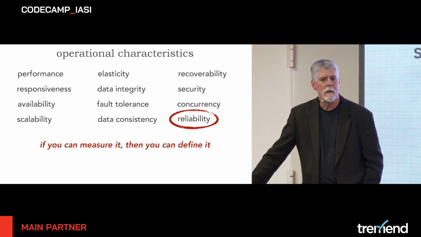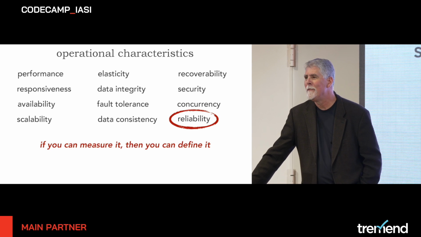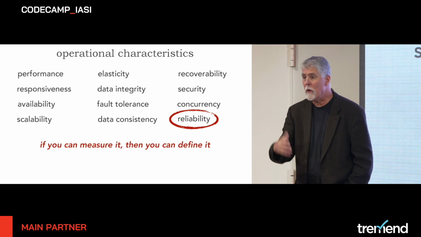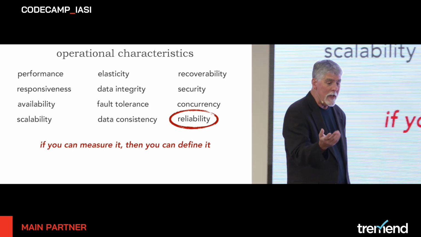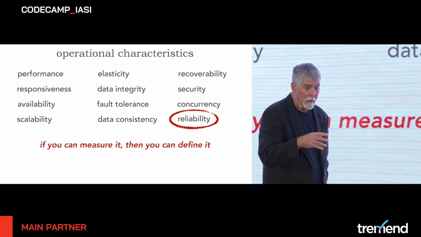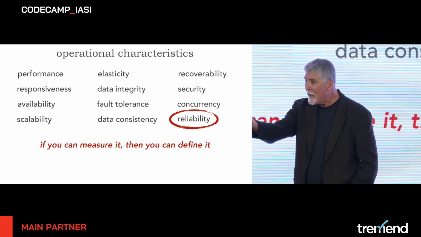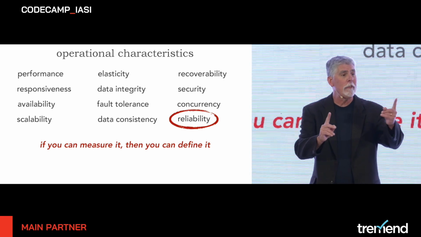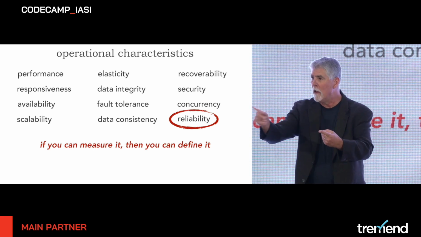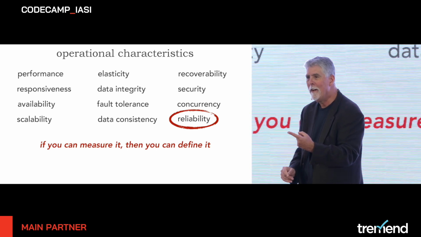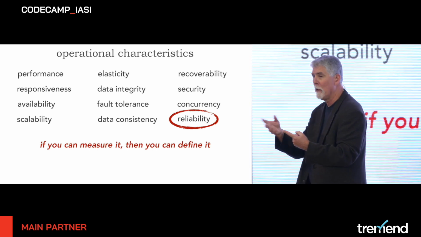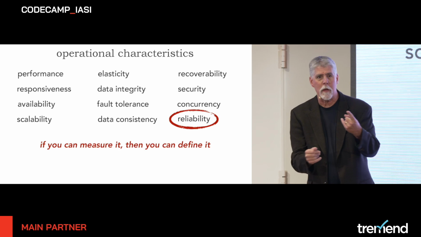What would you analyze? What would you measure? Yeah, downtime. Sure. Systems that are up and down aren't very reliable. And I can measure that. So we've got our first definition of reliability, the amount of uptime. Which a lot of times we turn into availability. But yes, we can measure uptime. Absolutely.